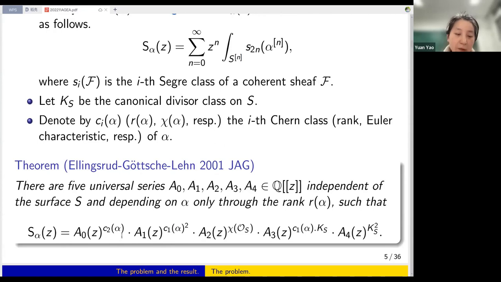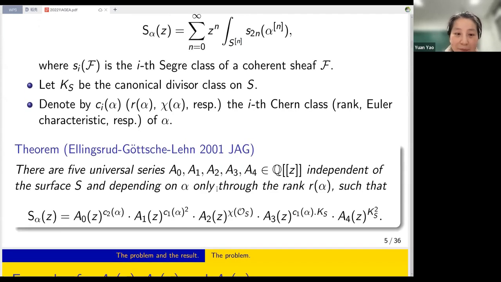I will talk about A0, A1, A2, A3. I think they are all known, with explicit forms now, but A4 is still unknown.